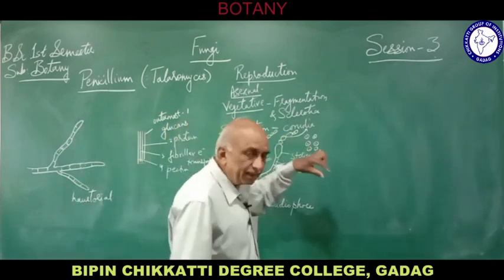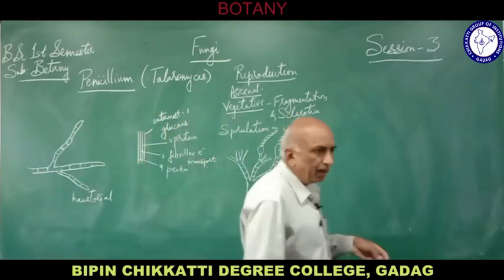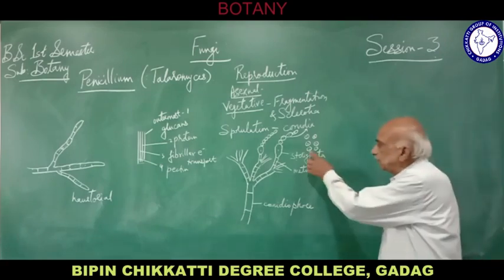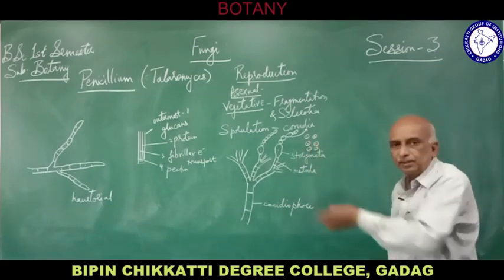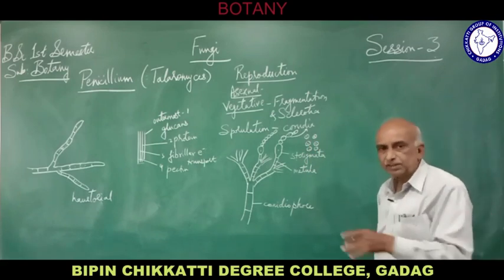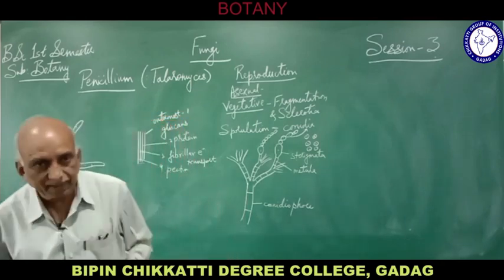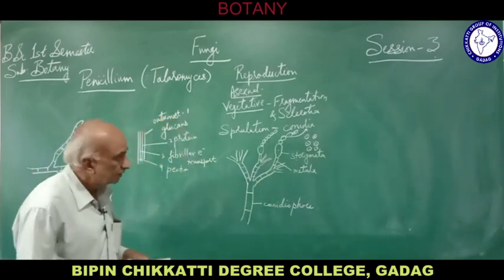The spores germinate into a tube-like structure, and the cells go on dividing. The spore divides into two cells and forms a tube-like structure, which further divides and forms a branched mycelium on that suitable substratum.